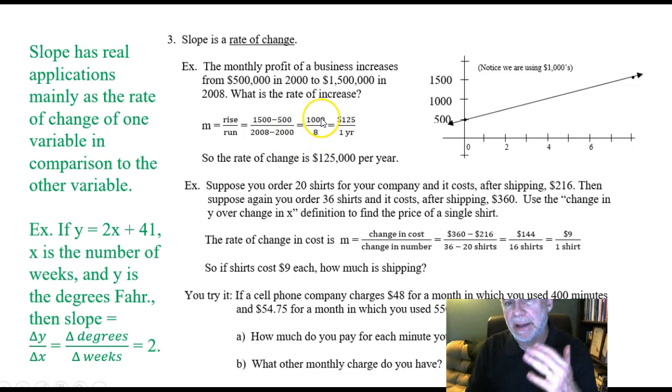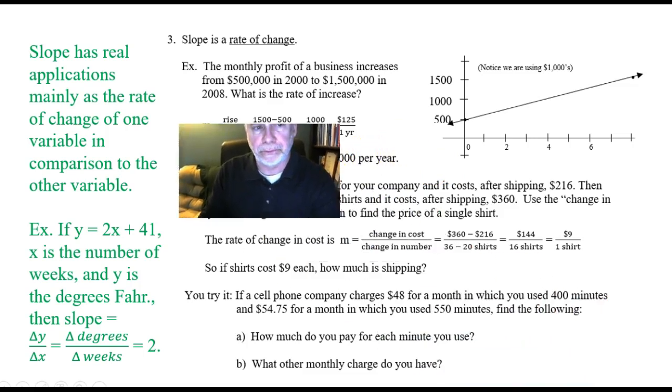So 1,000 over 8, and if you divide that, you get 125 over 1, or 125. And so what this is saying is that the rate of change each year is 125,000, because we're talking in thousands here, per year. Okay, so that means the profit of the business is rising by 125,000 every year.